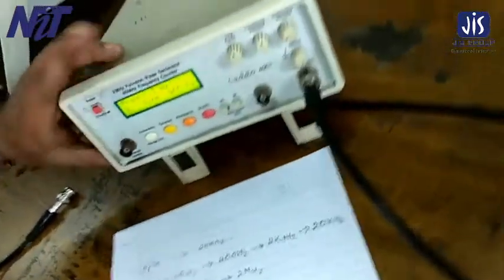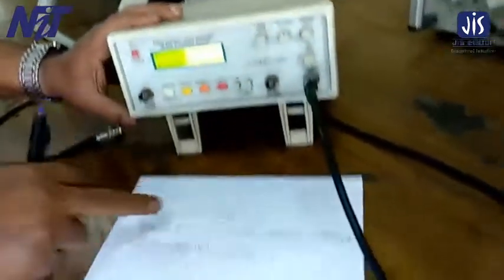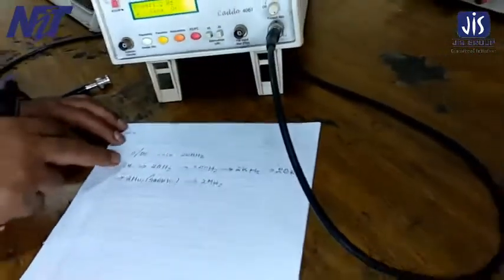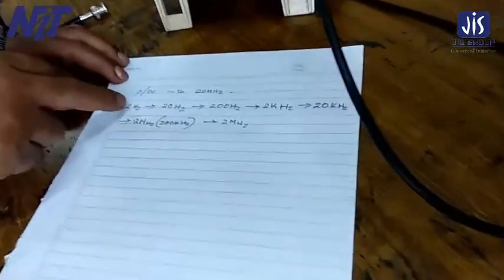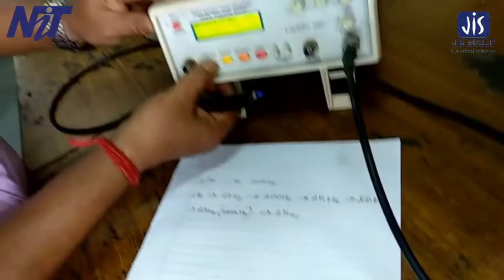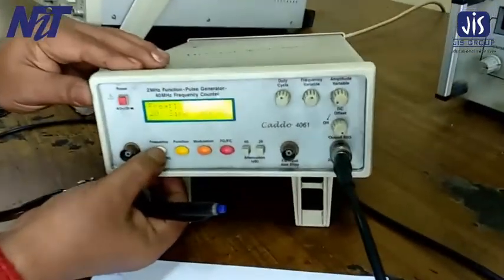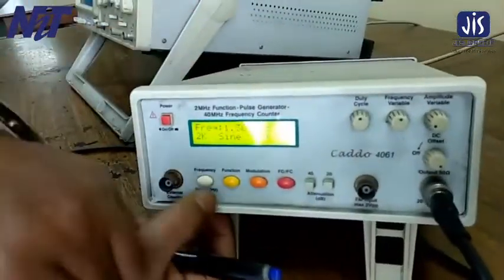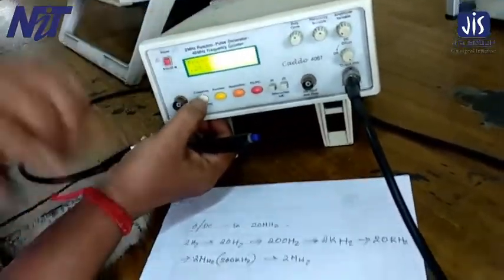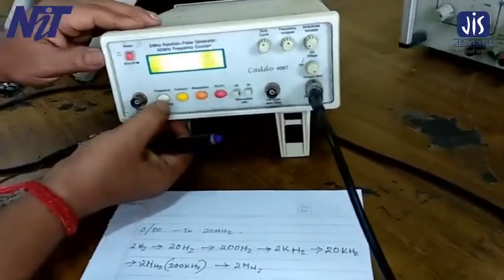Okay, you may see some steps jumped because of a malfunctioning of the switch, but you will get this kind of range: 2 hertz, 20 hertz, 1 2 3 4 5 6 7. 200 has been jumped, it goes directly to 2 kilohertz, 20 kilohertz, 0.2 m, that means 200 kilohertz.